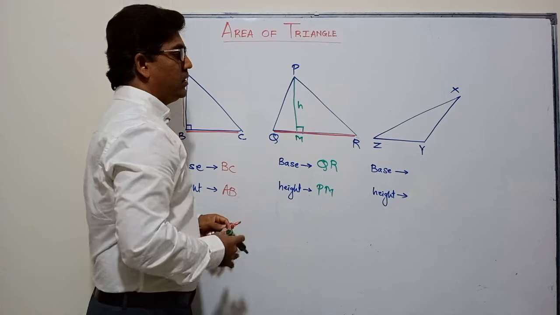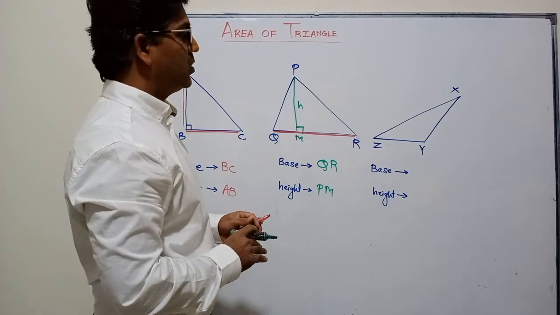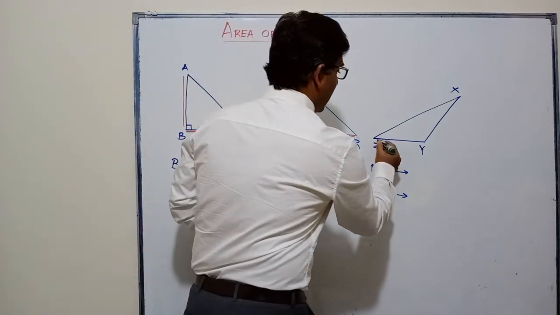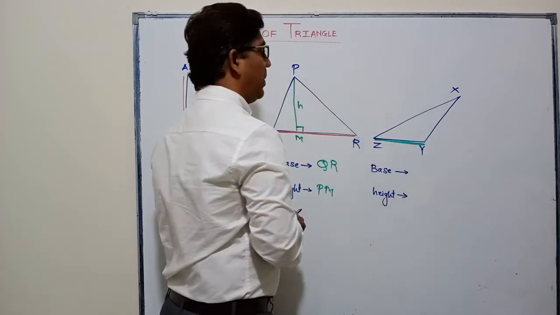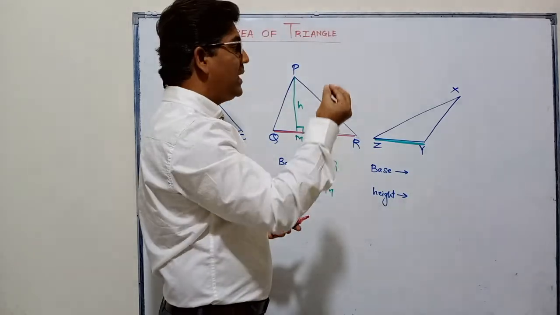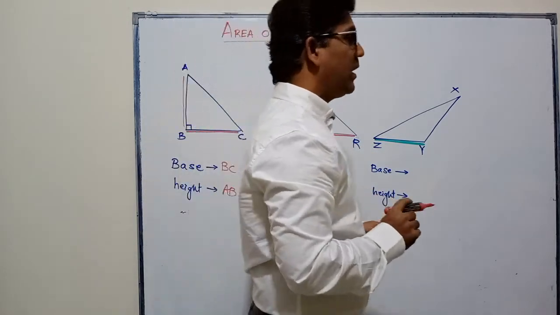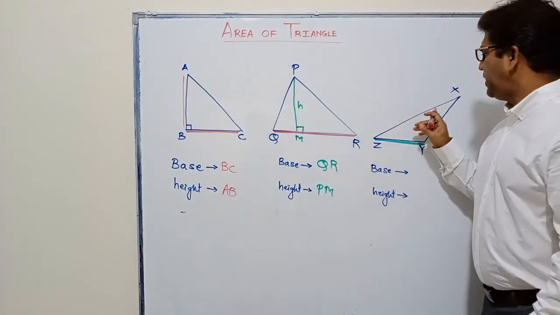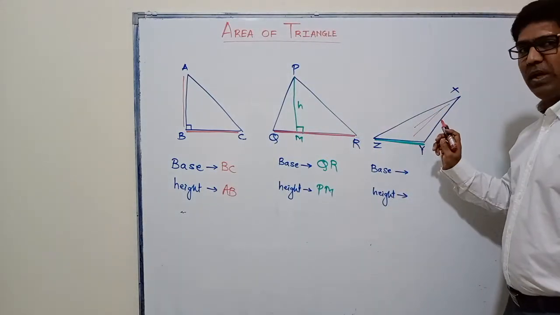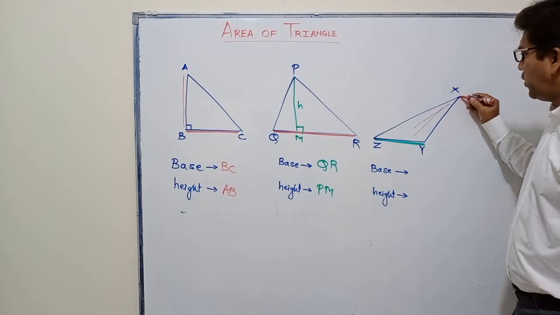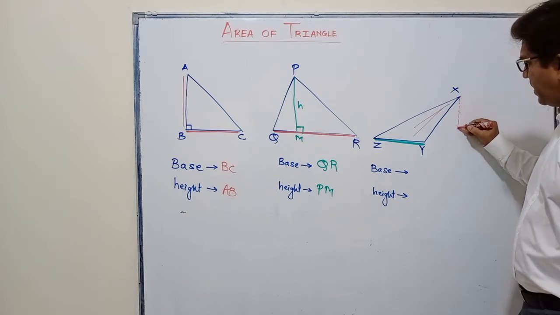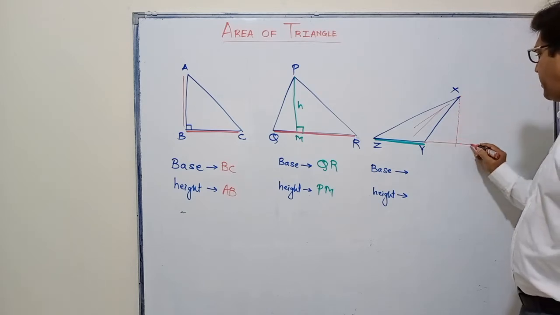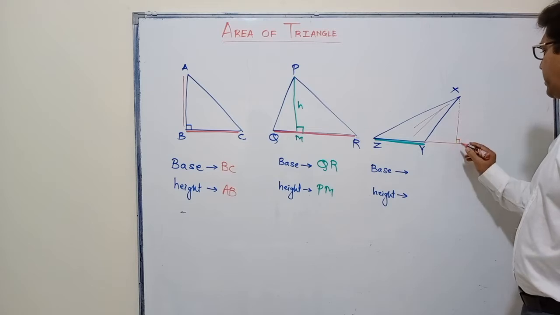Now, the third one is an obtuse triangle. If I take YZ as the base of the triangle, my height has to be from point X. From point X, I cannot draw a height inside the triangle. It cannot be perpendicular this way. So when you draw the perpendicular, it will go outside the triangle.